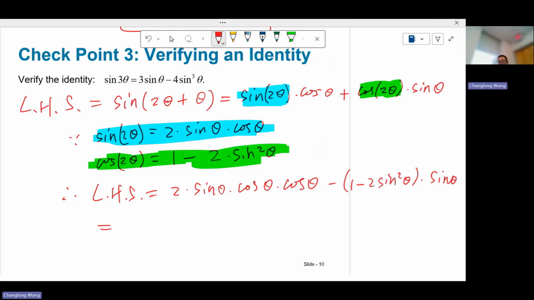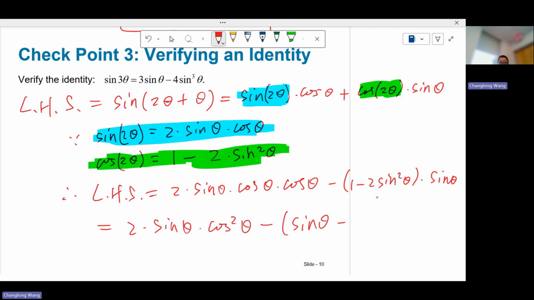Of course, you have the cosine multiply itself, right? So you get 2 times sine theta times cosine square theta. For the second part, you would distribute the sine. When sine hits the 1, you get sine theta.